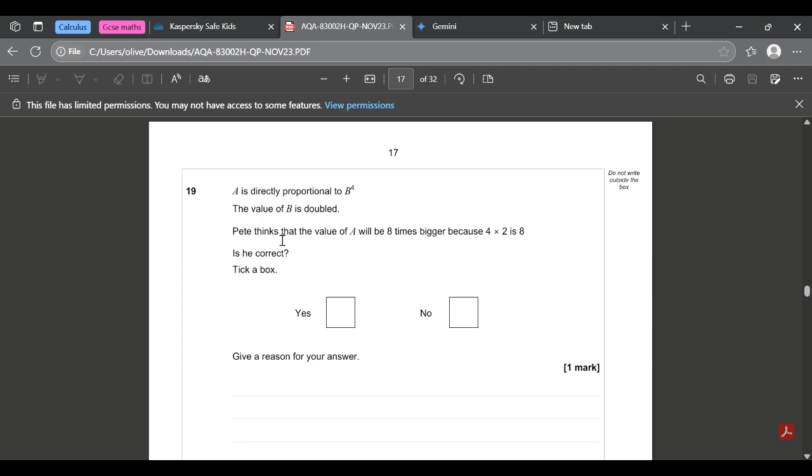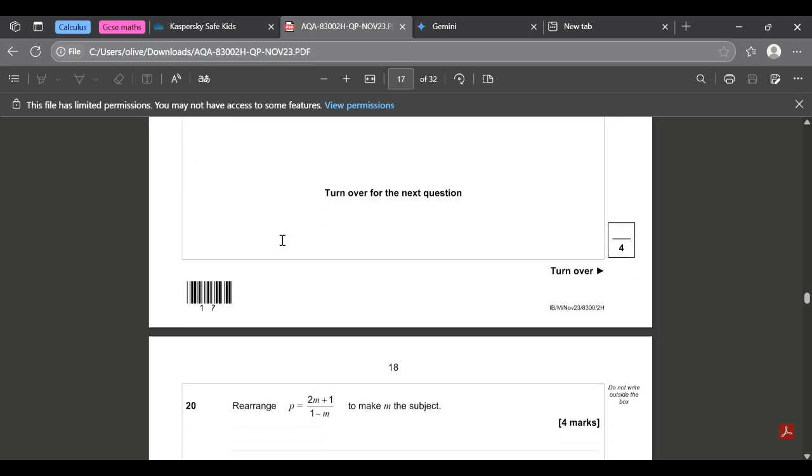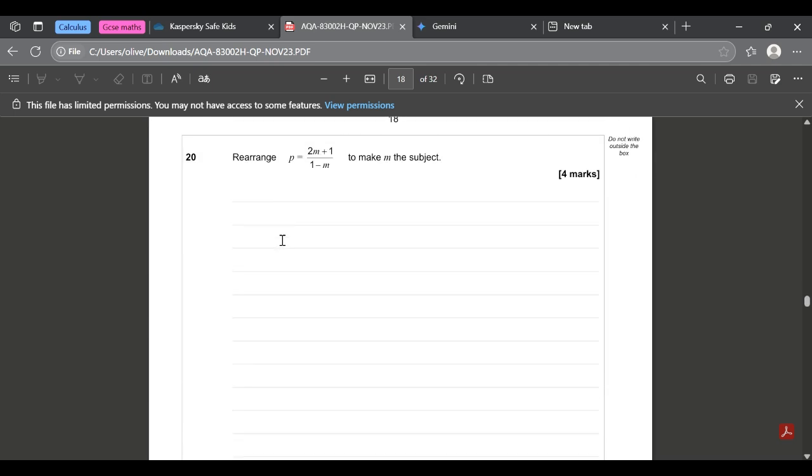But we already know he's wrong, because if you double B, it's (2B) to the power of 4, which is 2 to the power of 4 times B to the power of 4, and 2 to the power of 4 is 16, so it's 16 times bigger. So he's not correct. Okay, rearrange p equals (2m plus 1) divided by (1 minus m).